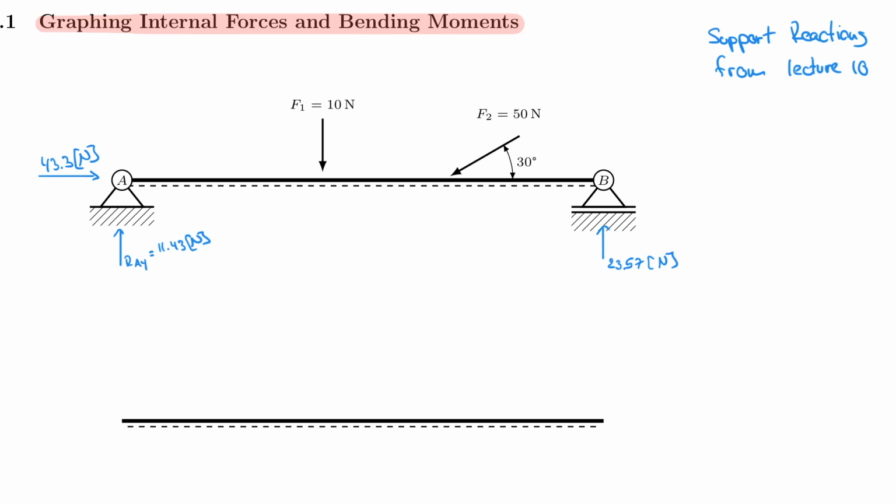And let's therefore talk about the internal forces that we calculated at this location here, to the left of the force and to the right of the force. To do that, let me first bring in the dimensions.